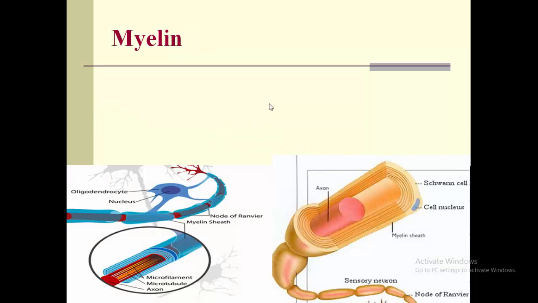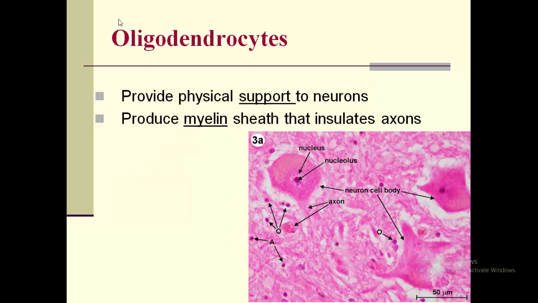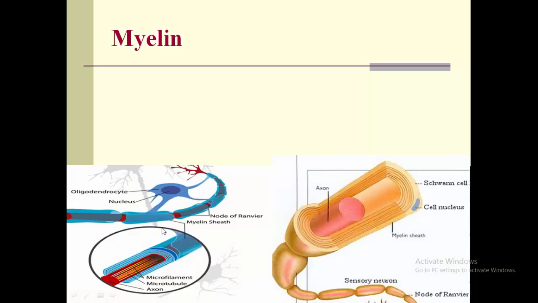Then as I said إن نوع من الجلايا I'm returning back to this type of glia which produces the myelin sheath that insulates axons. بيعمل العزل الكهربي اللي احنا بنقول عليه.